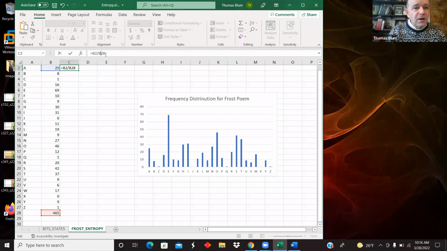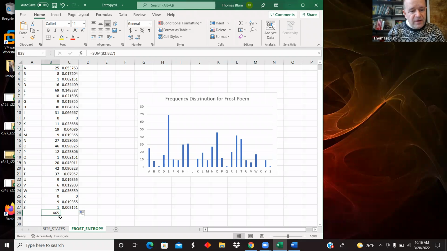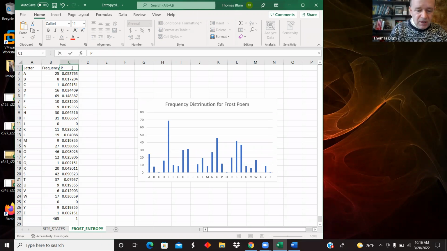And I want to copy my formula down, and I don't want the sum to change, so I gave it a $ sign. Copying that down. And then if I take the sum over, that should be 1. All my probabilities should add to 1. So that was the frequencies. These are the probabilities.